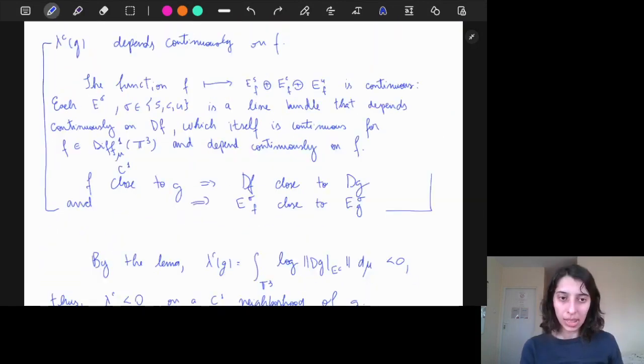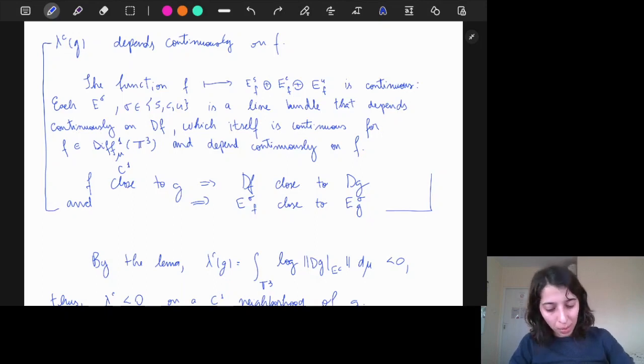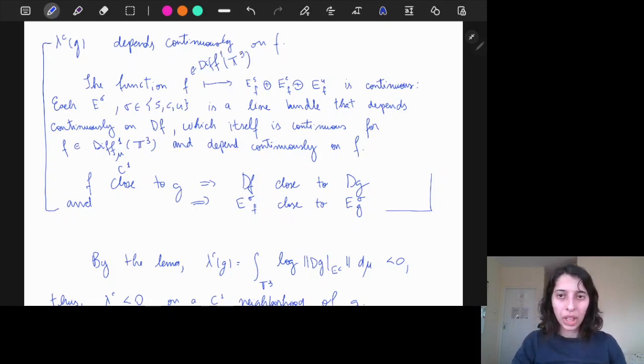That is, lambda C depends continuously on F, lambda C of G, because G is nearby F. The reason is the following. This function, that for each f in the space of C1 diffeomorphisms of T3, for each f, this is the decomposition of the tangent bundle of f into center, stable and unstable bundles, is continuous.